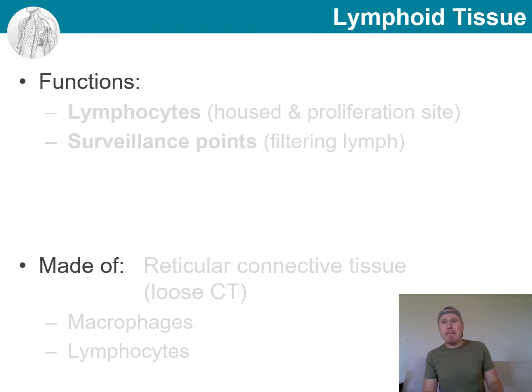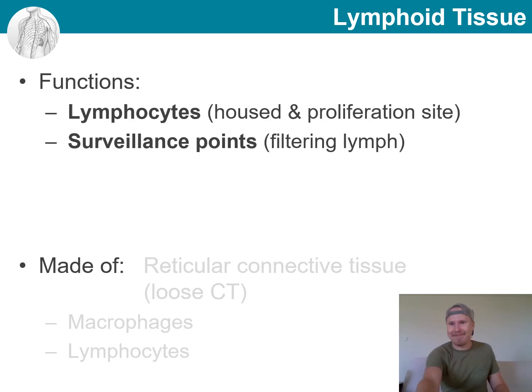You might remember that we finished our last video by talking about lymphoid cells. Now we are moving to a little larger scale, and we will start by looking at lymphoid tissues. And as usual, I want to start by considering the main functions of lymphoid tissues.